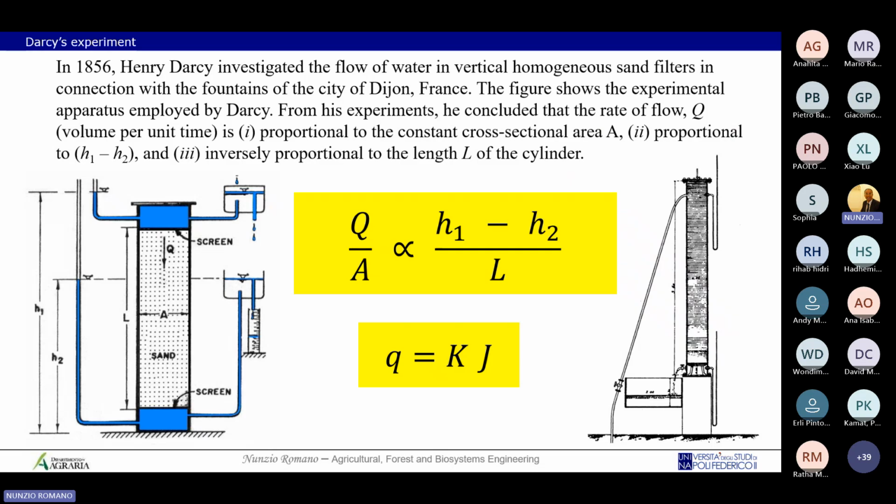So to understand the flow equation, let's start from Darcy's experiment. Henri Darcy, in the middle of the 19th century, had a contract from the city of Dijon in France to make fountains and to have some nice movement of water in them.